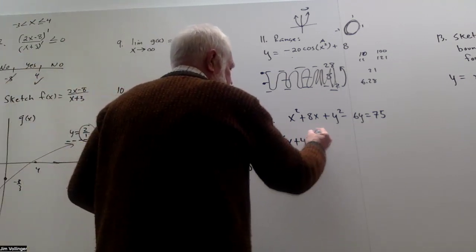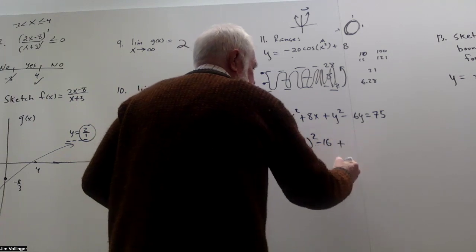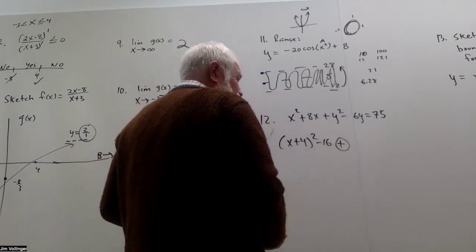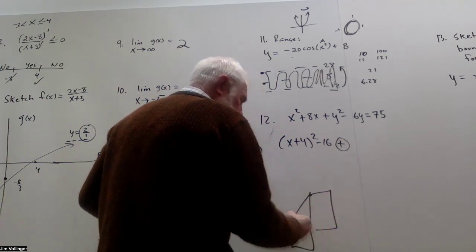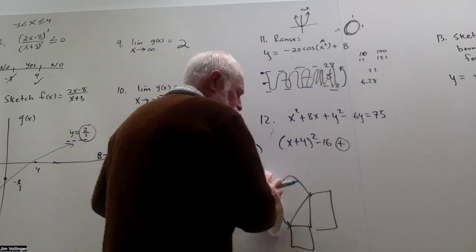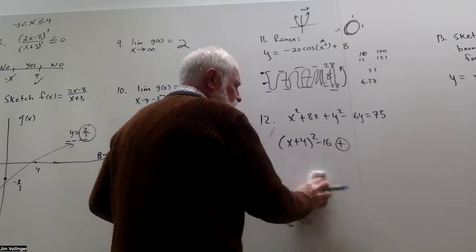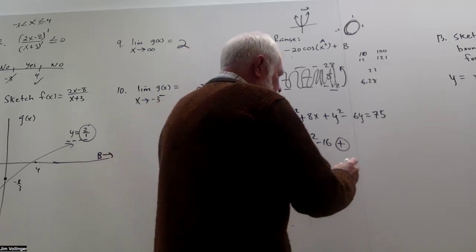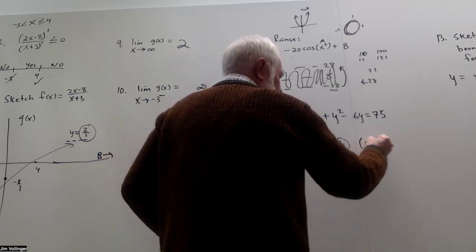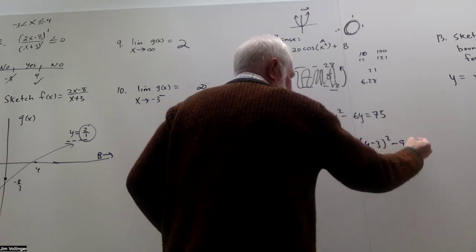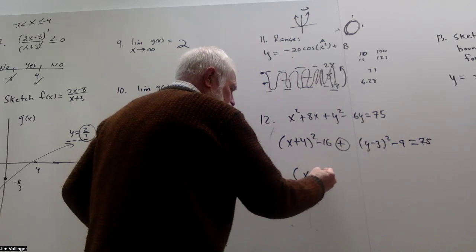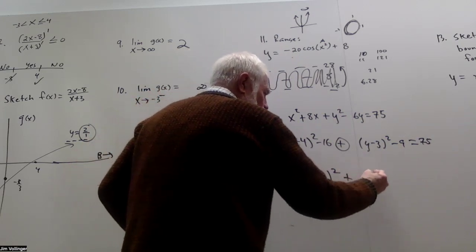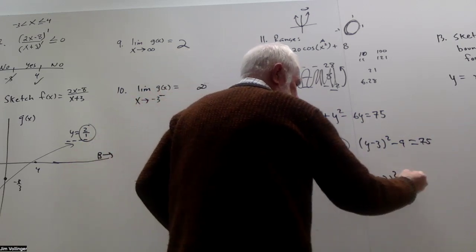Where did I get those answers from? Completing the square was -16, and that's what the Pythagorean theorem is, right? One area, another area, adding up to the third. So we're creating the x and y sides of the triangle. The y side is (y - 3) squared minus 9 equals 75. We put that over there. We get (x + 4) squared plus (y - 3) squared, moving the constants to the other side.